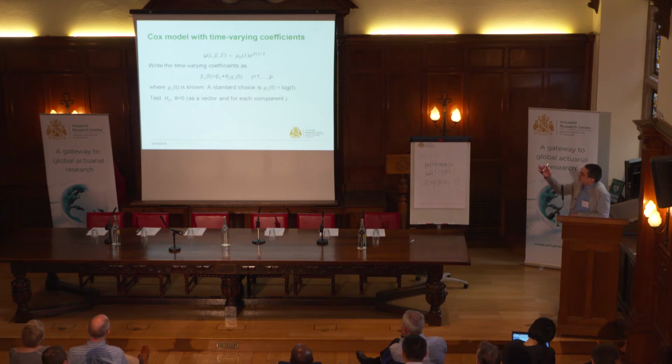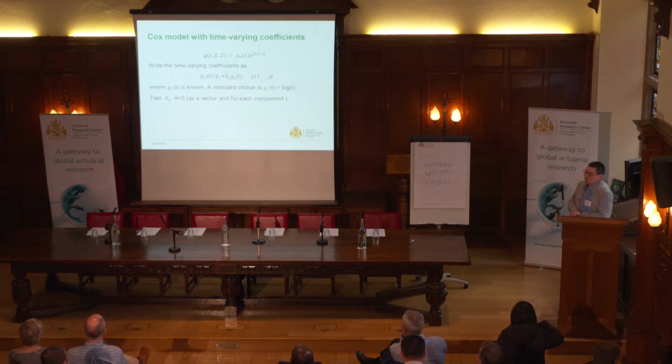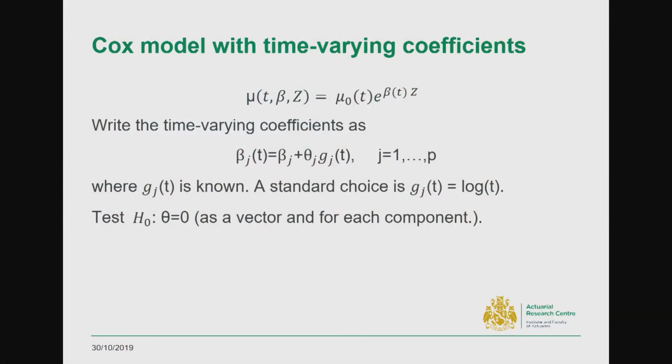You can see the rearrangement of beta(t) in terms of beta_j plus theta times g(t), where g(t) is a log transformation of time. We want to test the hypothesis whether theta is 0 or not. If theta is 0, then our coefficients do not vary with time.